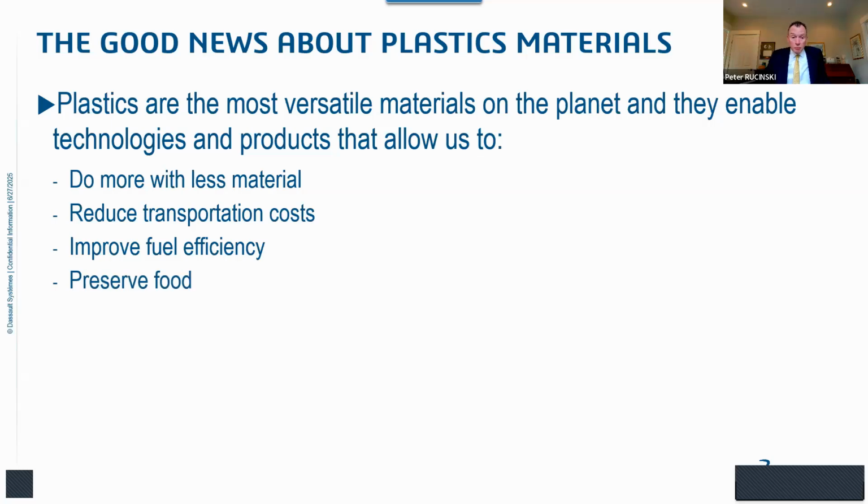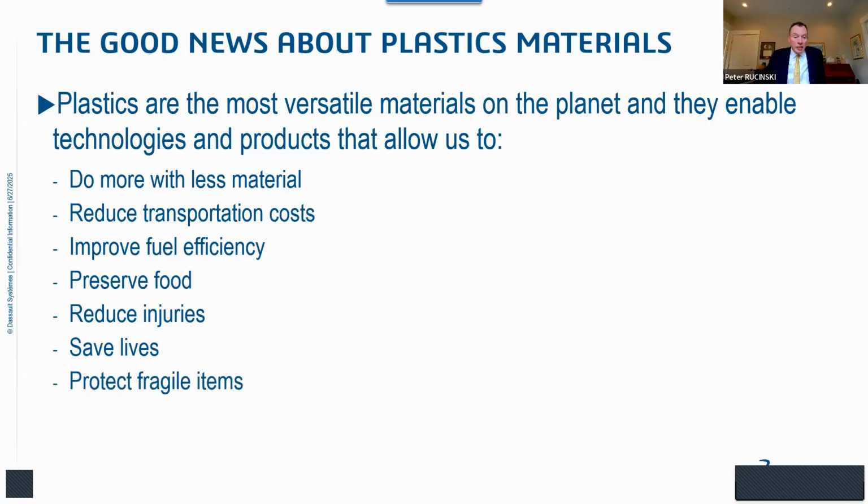Replacing metals with plastics is one of the best ways to do that in the automotive and the trucking industry. Plastics help us preserve food. It's one of the number one uses of plastics, packaging materials. Plastics help reduce injuries in all kinds of aspects of life, in automobiles and other kinds of transportation vehicles and all kinds of sports. Walk through any hospital today, guaranteed plastics are helping to save lives every day.